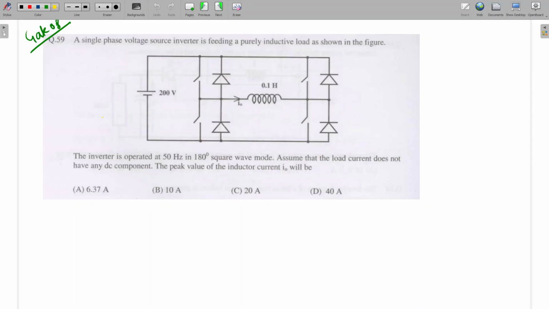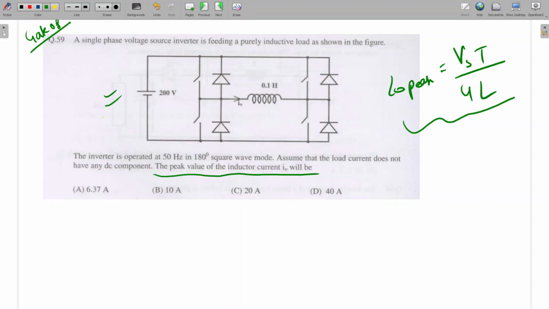So this question, I have already derived the formula previously. They are asking what will be the peak value of I naught. Okay. So what was the formula for this one? I naught peak was Vs into T ST by 4L. This was the formula. Already we have derived this one.